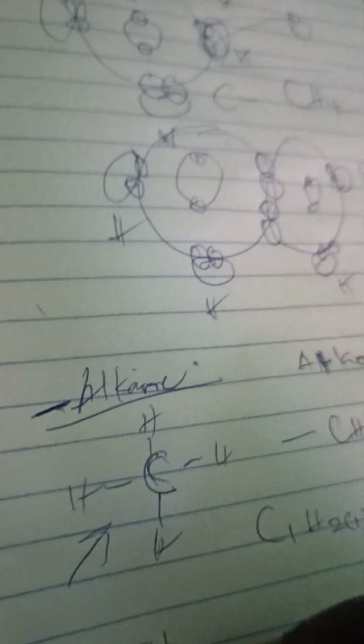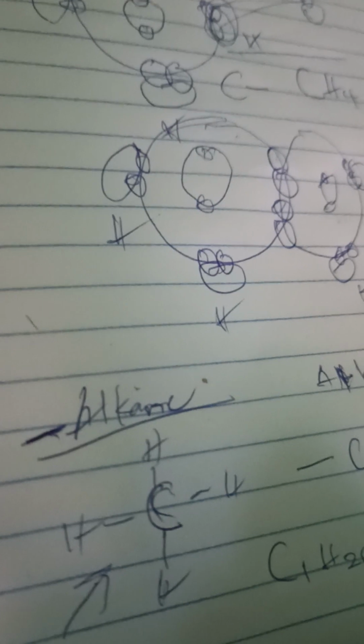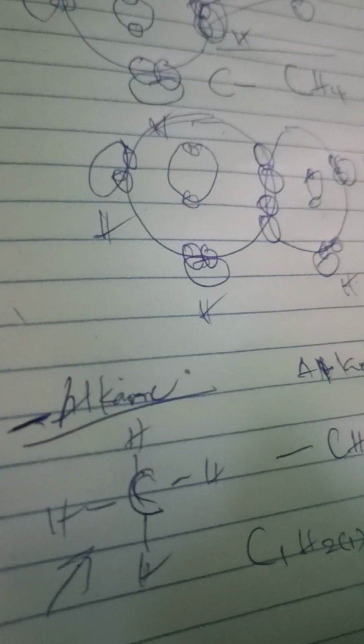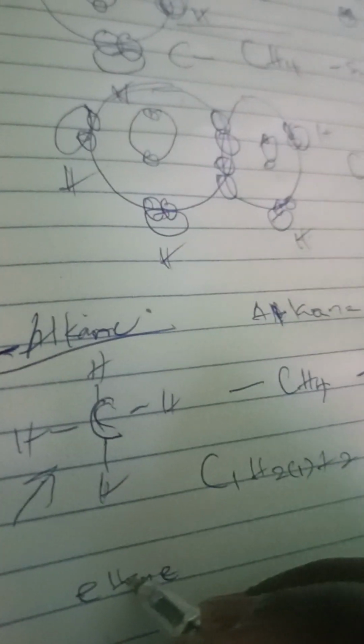Now for number 2, which is ethane. All of them are under this alkane family, under this homologous alkane. Ethane, I know that if I'm to write the formula and draw the structure, ethane is 2. I should know that. All this should be in your head.